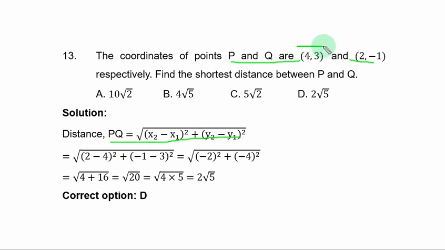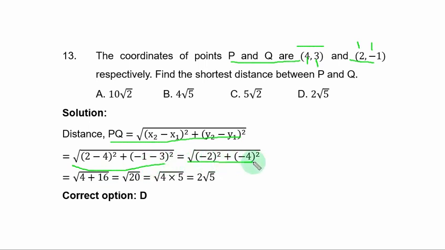From the first coordinate, 4 is x1, 3 is y1. From the second coordinate, 2 is x2 and minus 1 is y2. If you replace them in the formula, you have this result. If you subtract, you have this.